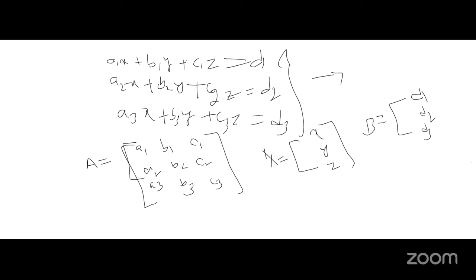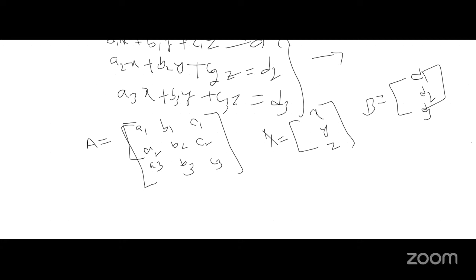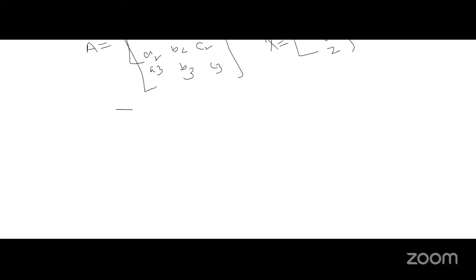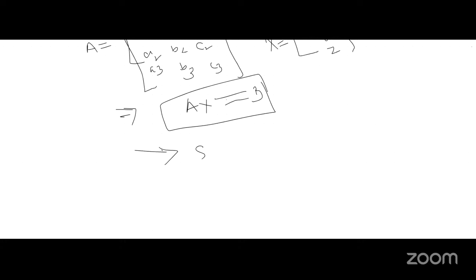Now this complete set of equations we can write as AX equal to B. So this is the system of linear equations.